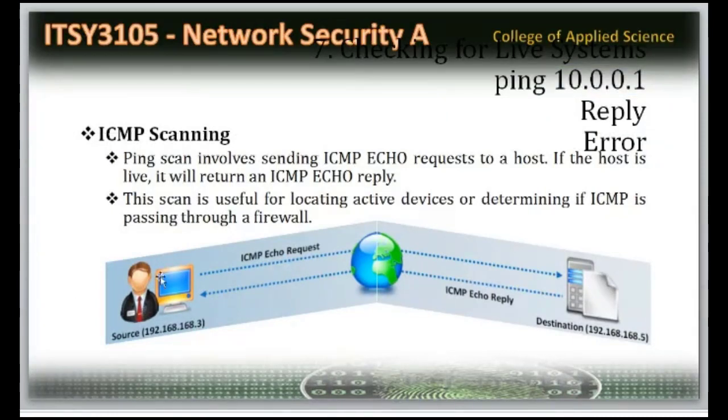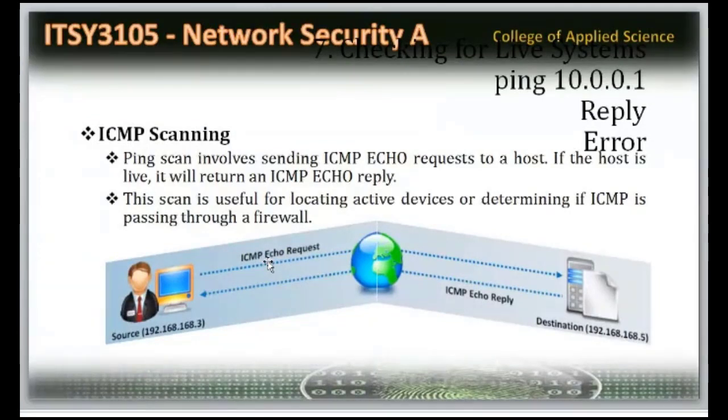You see, this is the source, 192.168.168.3. This is the attacker, and this is going to be my target, 192.168.168.5. This is connected in a different part, available in a different part of the world. So what I'm doing is giving a ping command, that is called ICMP echo request.